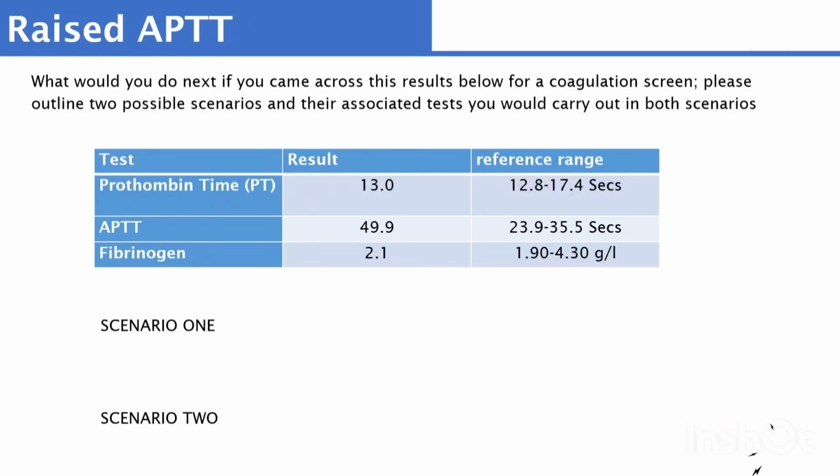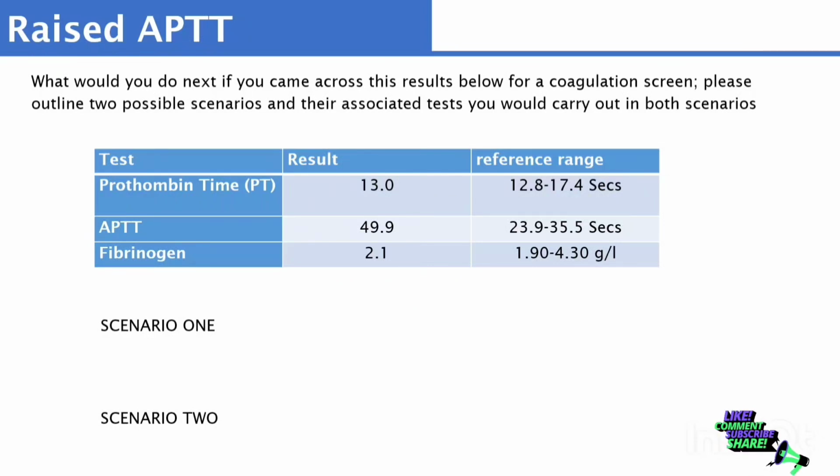So the second scenario is the mixing study, which can help us determine whether the patient has a factor deficiency or an inhibitor. In a factor deficiency, we can carry out a further test, a factor assay, on this occasion an intrinsic factor assay. If at the end it did not correct and we suspect inhibitors, we may consider something like lupus anticoagulant or thrombophilia, as the case may be.